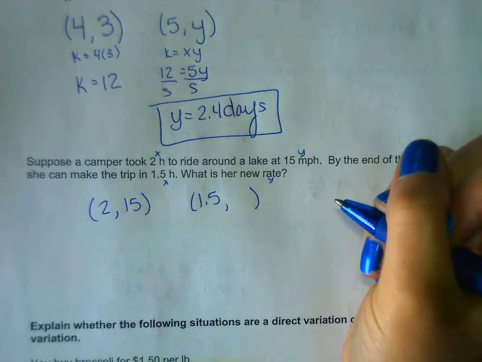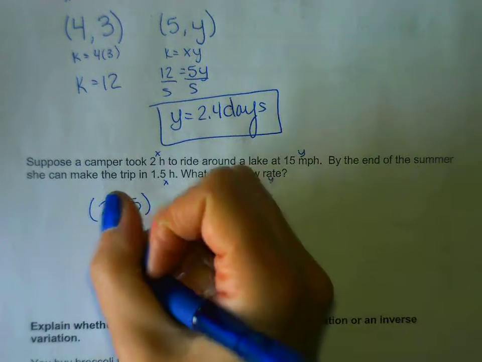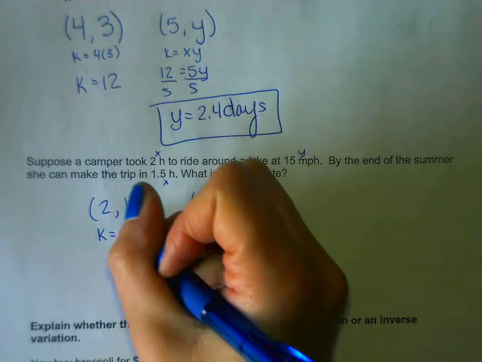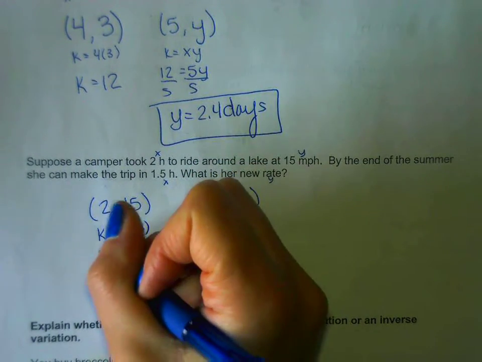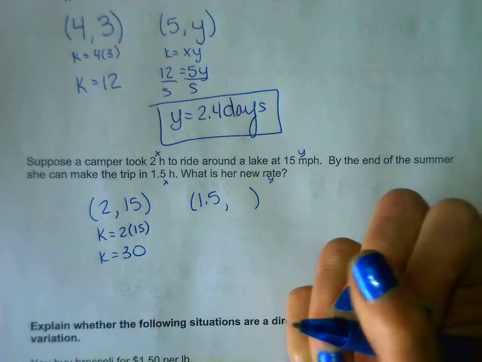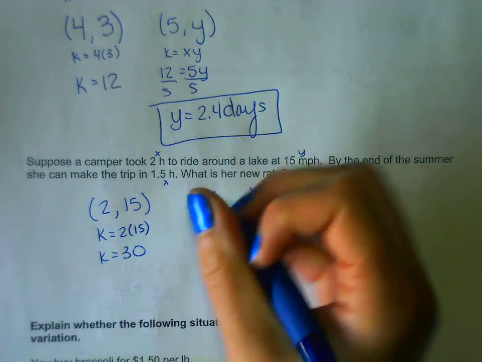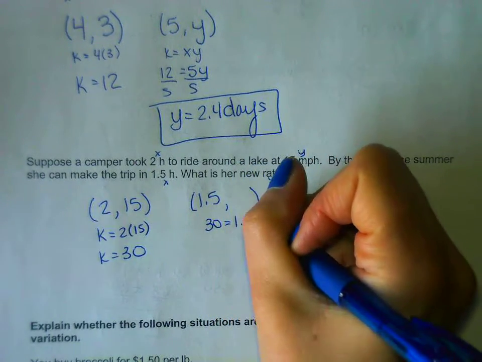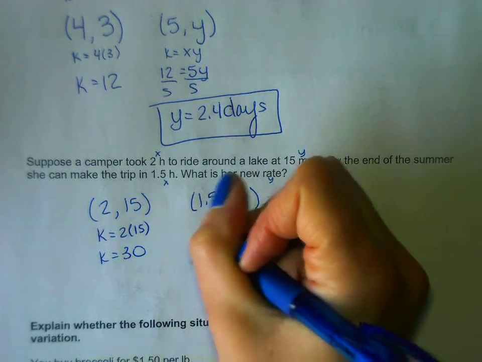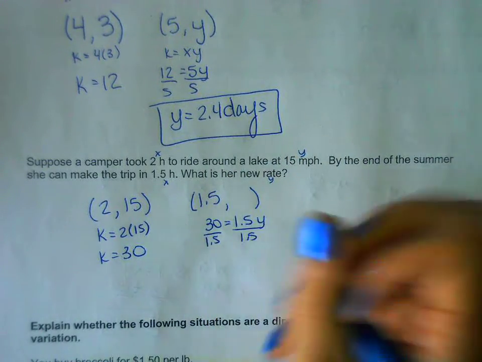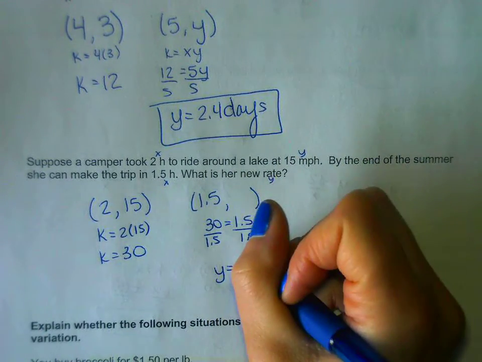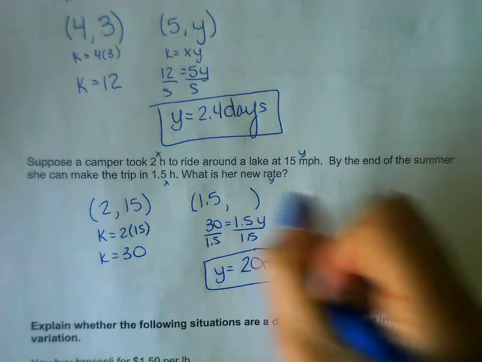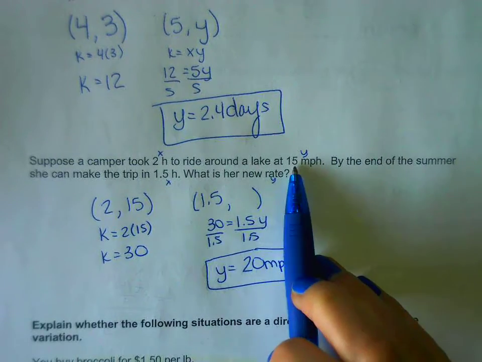So my constant is going to equal my x times my y, my constant is 30. So from here, if I know my constant is 30, and do my x times my y, it's now 20 miles per hour. So they've decreased their time, which means they got to ride around the lake faster.